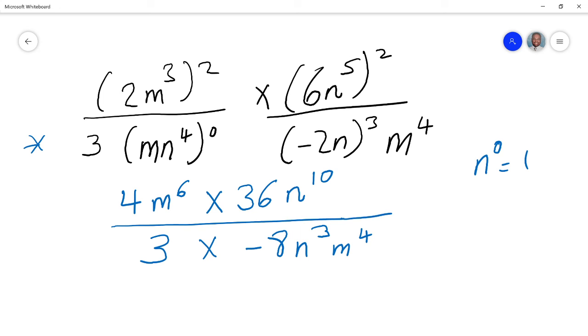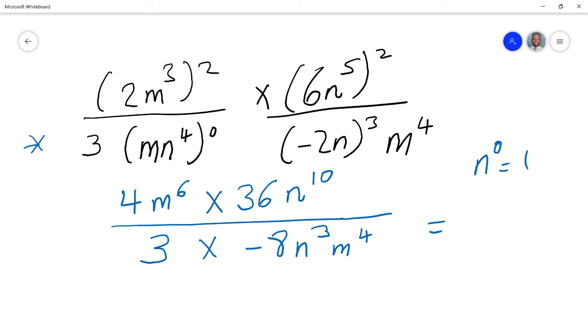So what I've now done is I have simplified it in the sense that I don't need to include the brackets. Okay, now there are two ways I can work through this question. The first method is where I simply multiply the top numbers.